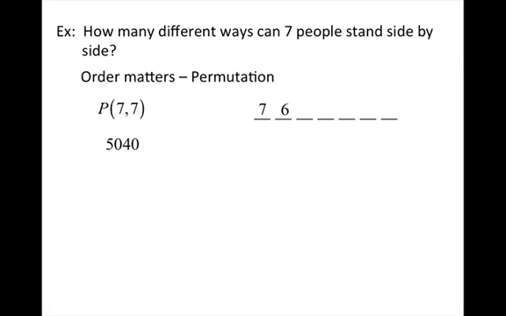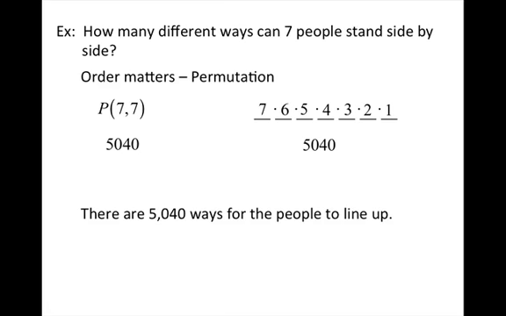After I place 2 people in line, I have 5 people for the third position. And I continue on. For each position, I have 1 less person. So I have 4, and then 3, and then 2, and then 1. If I multiply these, I get the same 5,040. So there are 5,040 different ways for the people to line up.